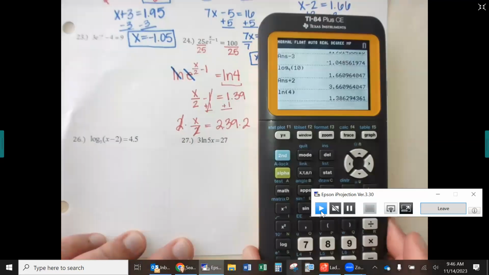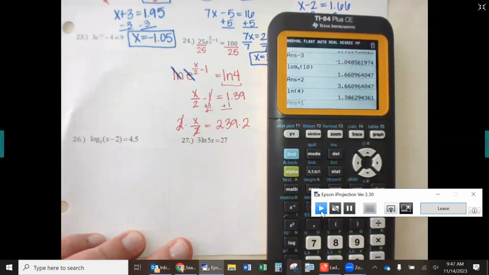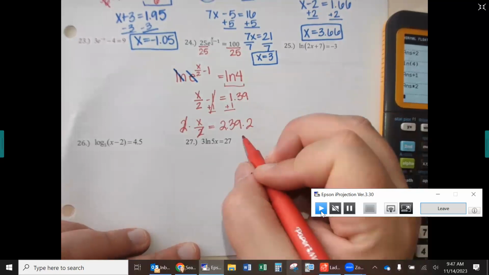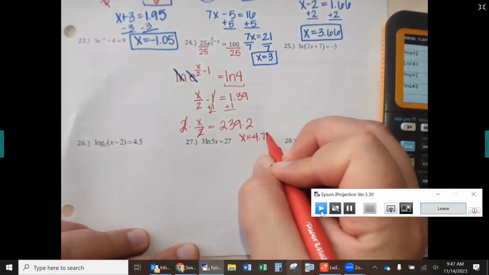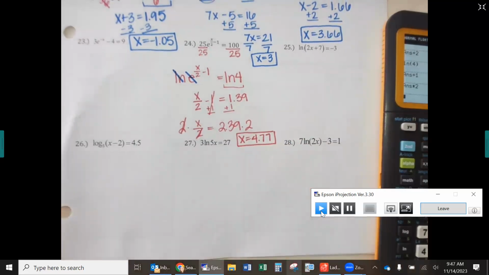Okay, so in my calculator, I'm not going to type 2.39. I'm going to add 1 and then multiply that by 2. Okay, to make sure that my rounding doesn't come off, I got 4.77. You do not want to round until the very end.